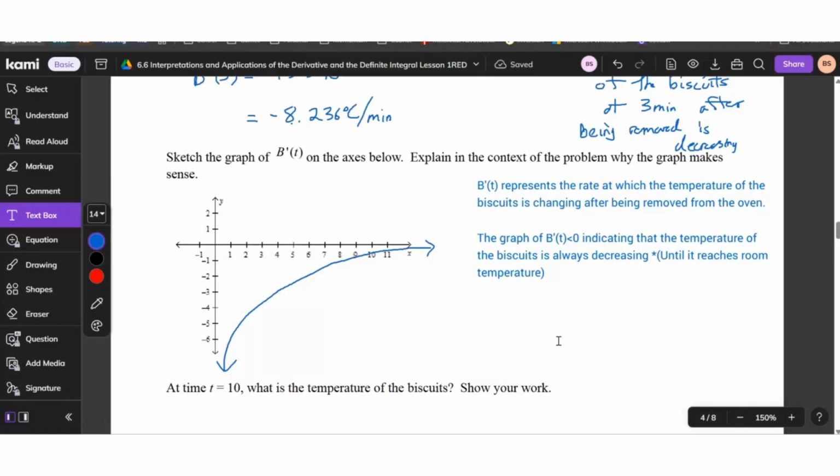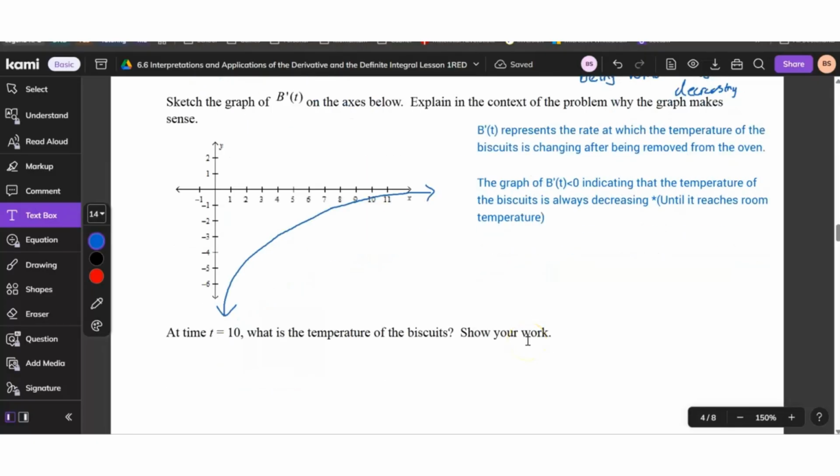How are we feeling about that one? I know it's a lot to write, so I'm going to wait. All right, at time t equals 10, what is the temperature of the biscuits? Show your work. I know the temperature at 0. It's 100.